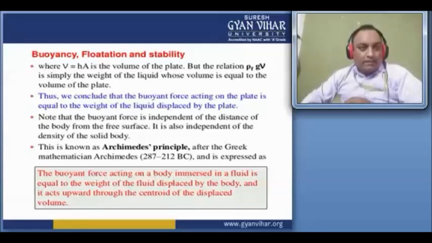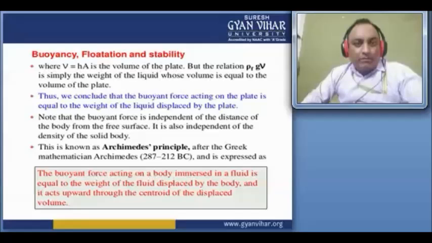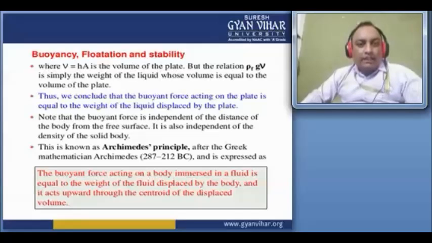Here V is h into A, the volume of the plate, and rho f g into V is simply the weight of the liquid whose volume is equal to the volume of the plate.